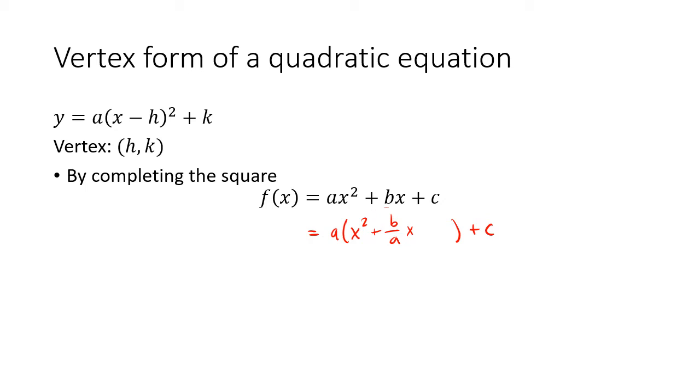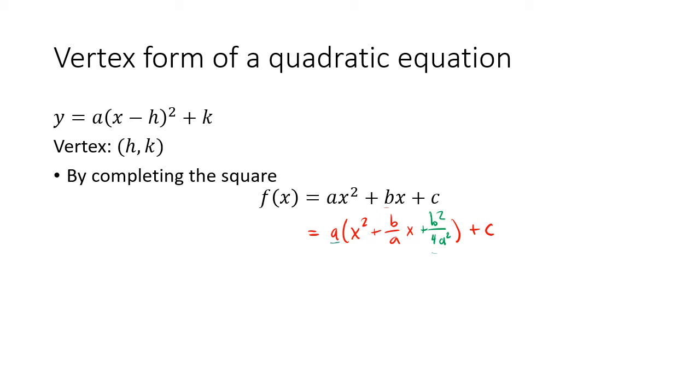Now what would I have to add in here to complete the square? I would have to take b over a and divide it by 2, right? So b over a divided by 2 is b over 2a, and then I need to square b over 2a, which would be b squared over 4a squared, right? And what did I add inside the parentheses? I added b squared over 4a squared.